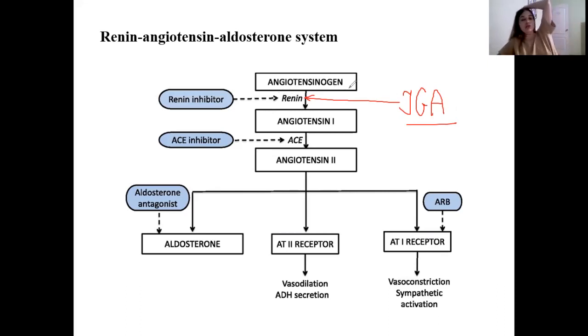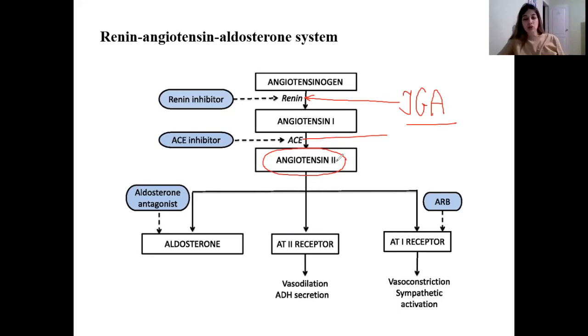Renin will convert angiotensinogen into angiotensin 1, which afterwards in the lungs and some other organs by the enzyme angiotensin converting enzyme would be converted into angiotensin 2, the most active substance of all. Don't forget that this is angiotensin converting enzyme, these letters.